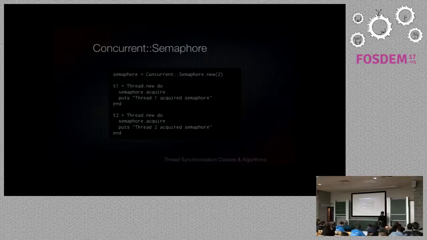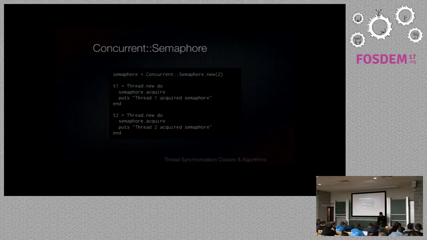So the next abstraction is concurrent semaphore. Most of us know semaphore. It's a counting semaphore, it maintains a set of permits. Each acquire blocks if necessary until a permit is available and then takes it. Each release adds a permit, potentially releasing a blocking acquirer. So basically we create a semaphore with some count, and then threads acquire that semaphore.